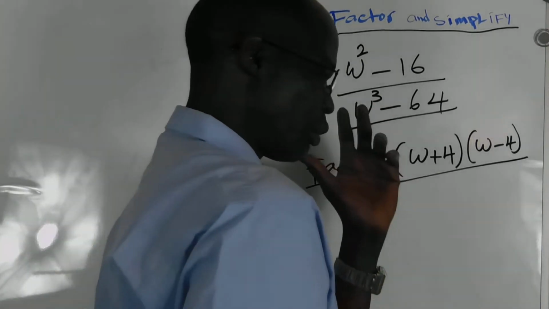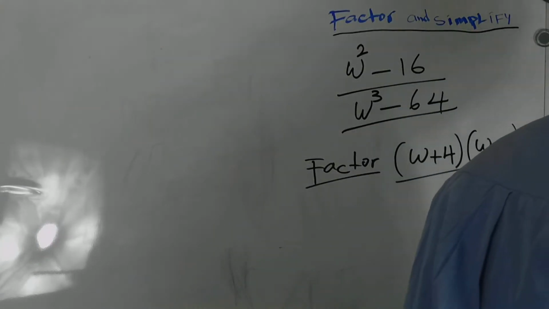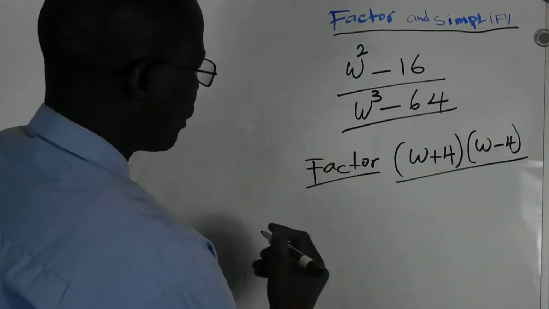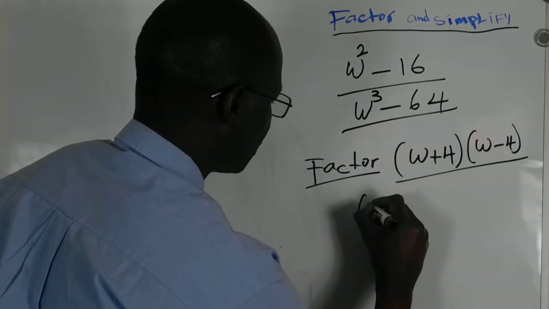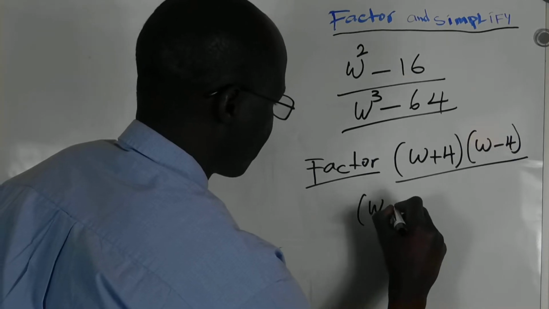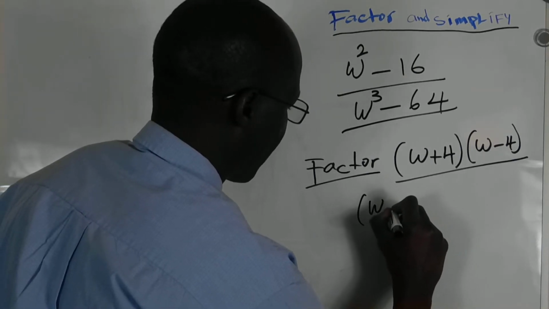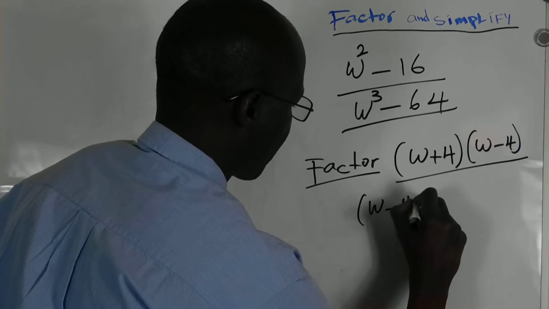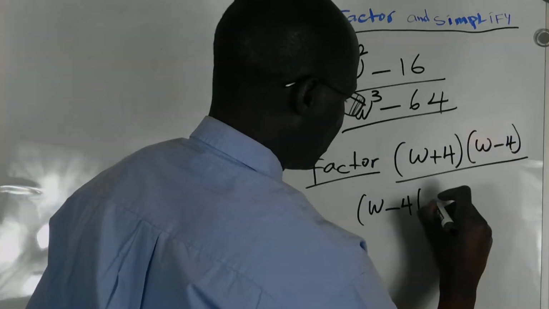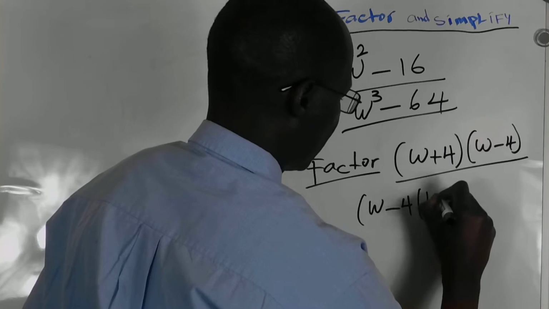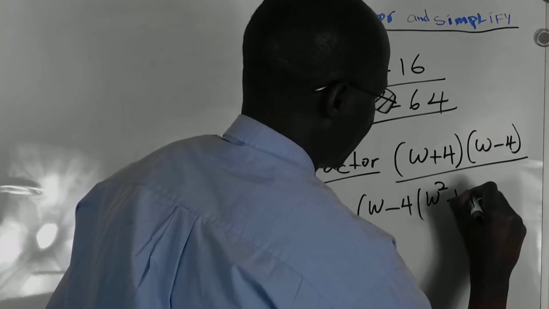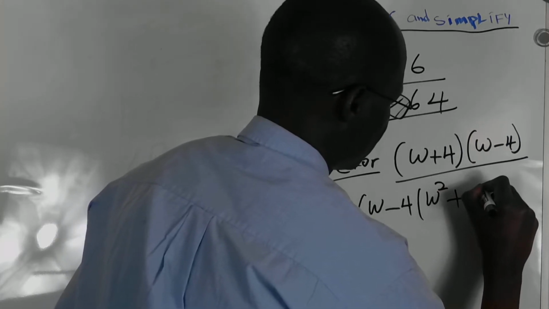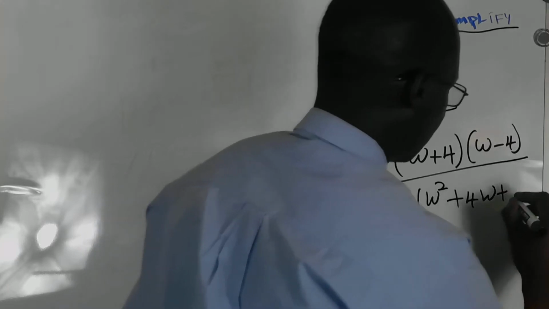And the one on the bottom, we factor the one on the bottom, it should be w minus 4. The whole thing should be equal to w square plus 4w plus 16.